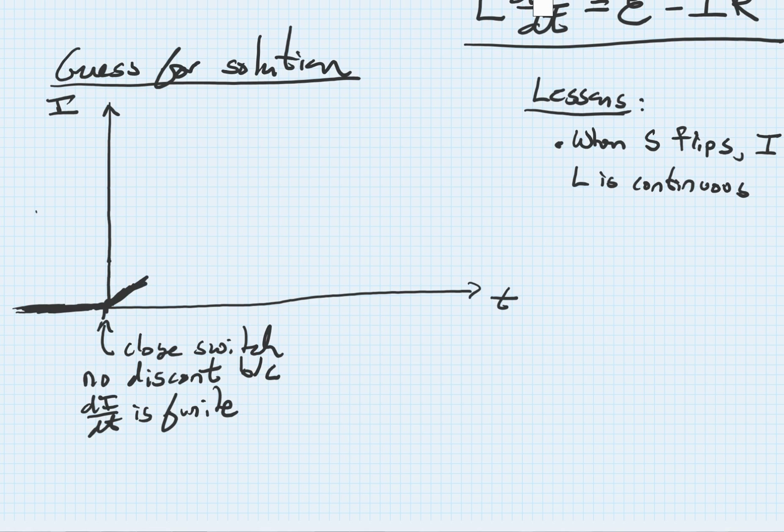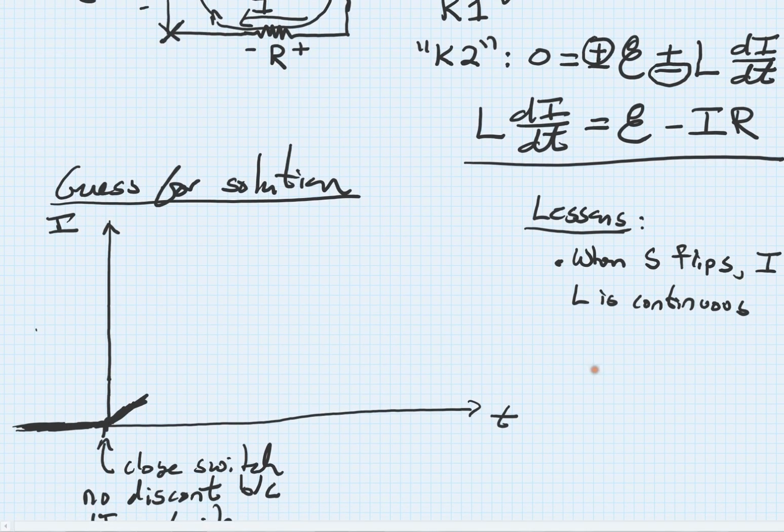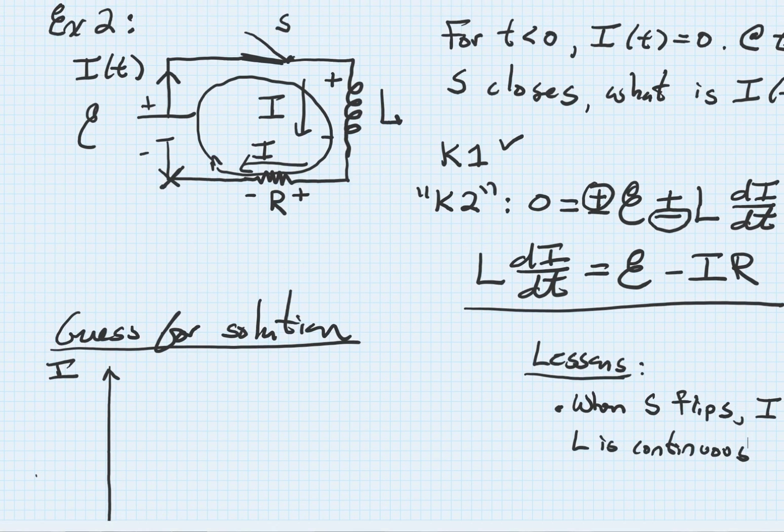Now, let's see what happens when we go to long times. When we go to very long times, eventually we're going to get some flow of current, and we should settle down to some kind of steady state where things stop changing. When things stop changing, this derivative, dI/dt, will have to vanish if I isn't changing anymore.